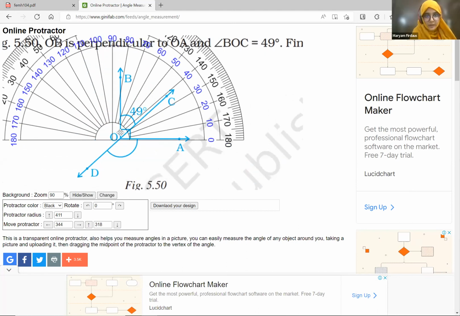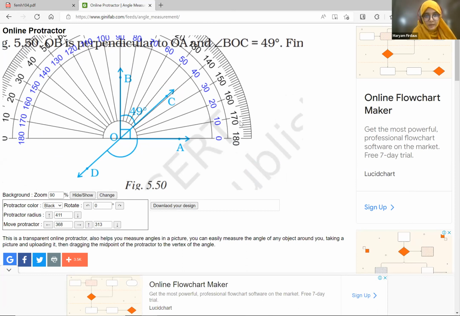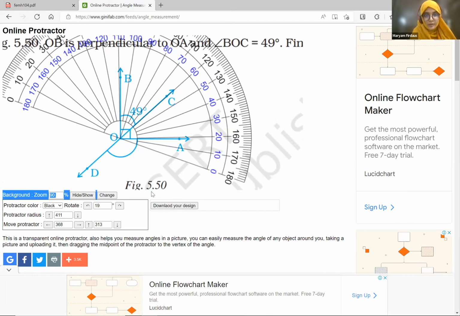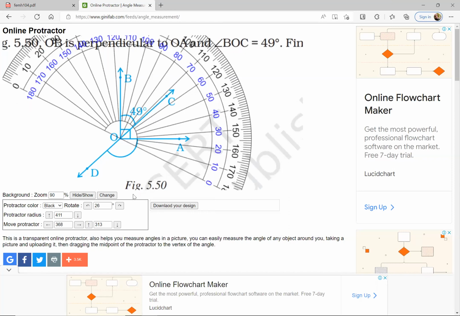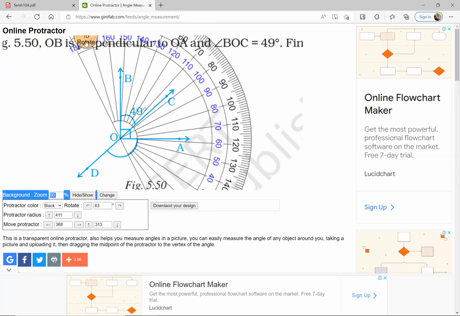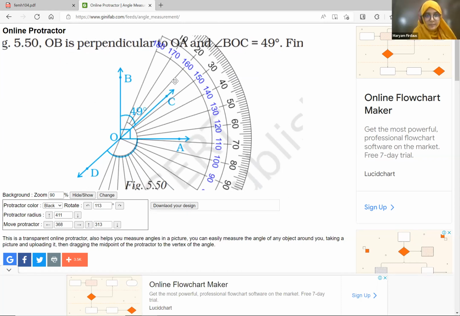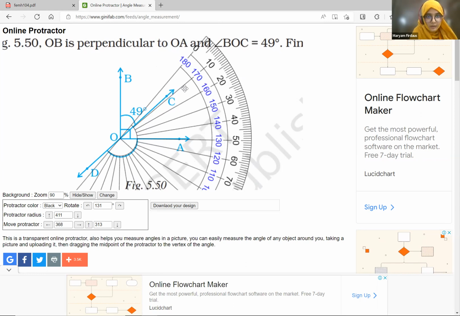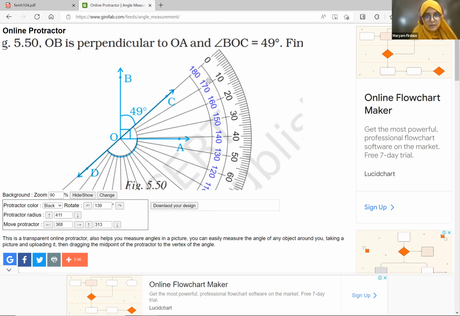Okay. I have put this over here. I have to rotate my protractor in such a way that it is lying on OD. Now measure this angle.